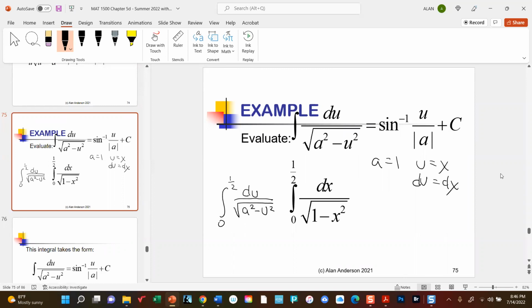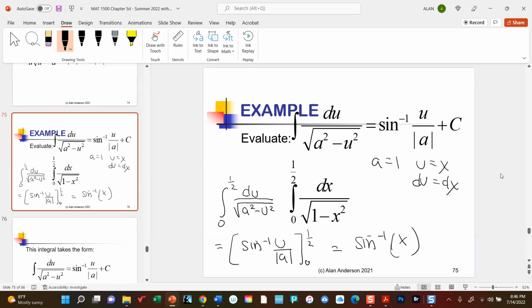And of course, you can see from up above, that's the arc sine of u over absolute a. And we're going to evaluate that from 0 to 1/2. And of course, a is just 1. So you just have the arc sine of x evaluated between 0 and 1/2.